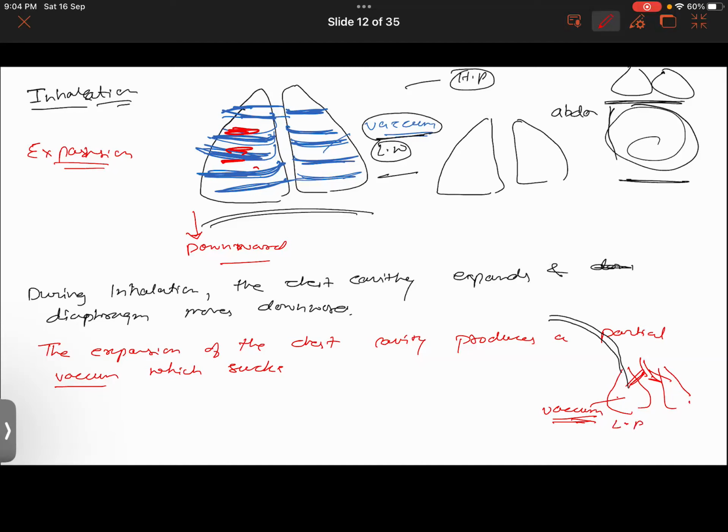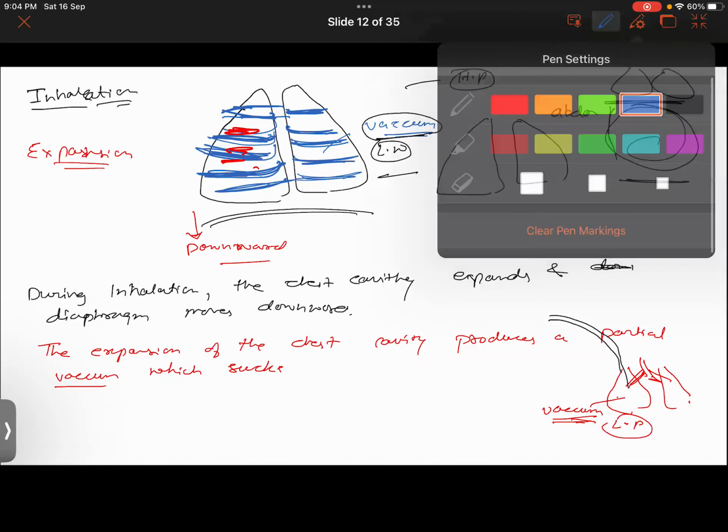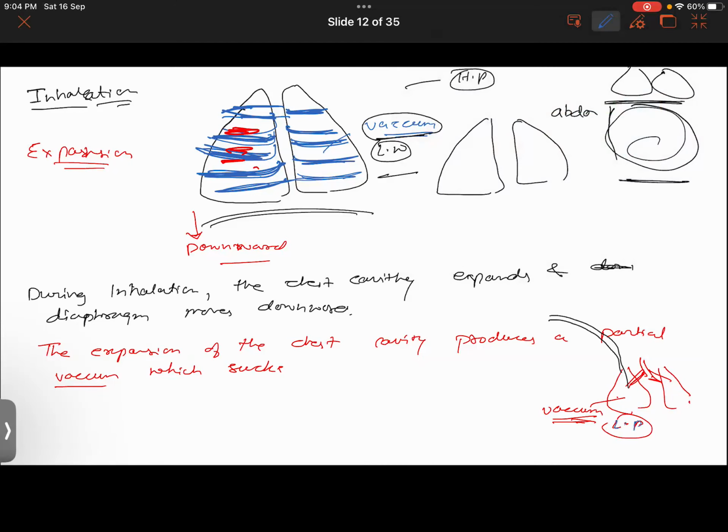That means lower pressure is there. Remember we talked about the concept of wind storms, how the flow of air takes place from higher pressure to lower pressure region. Same concept is applied here also. Due to the partial vacuum, lower pressure is generated inside our lungs, and hence in the process of inhalation, air rushes to the lungs.